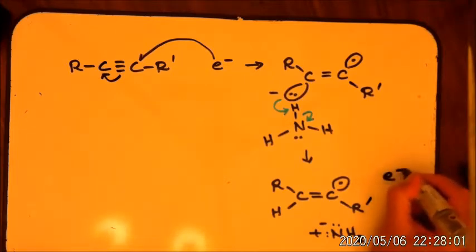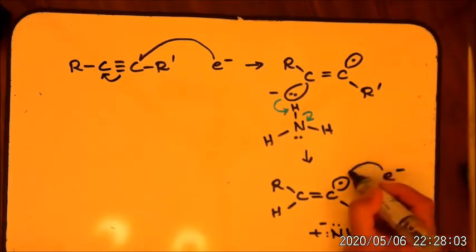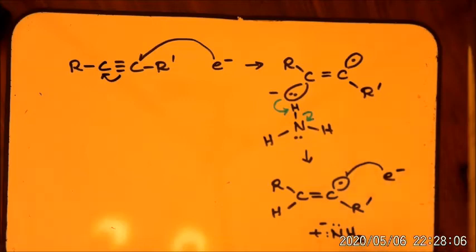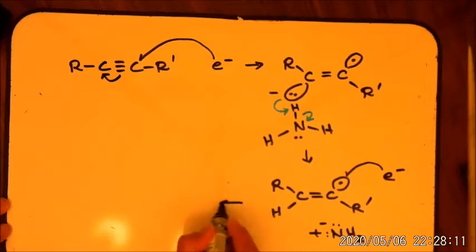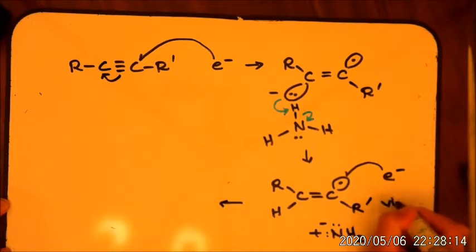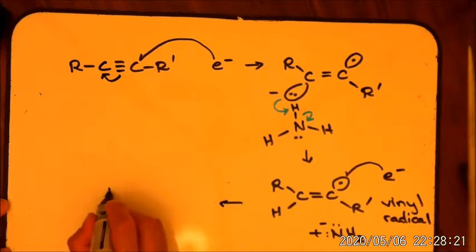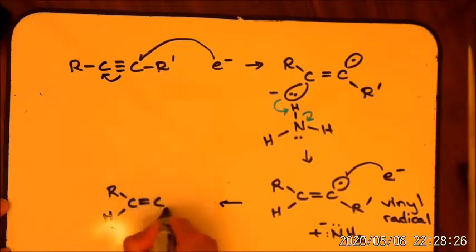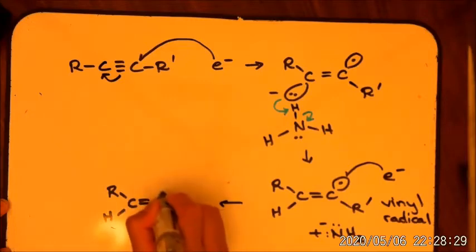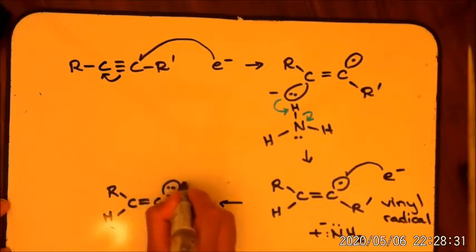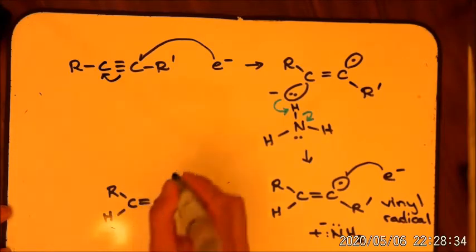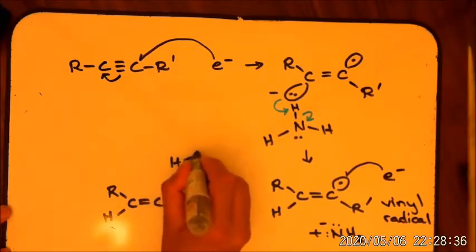I get an electron, and that goes up my orbital here. This is a vinyl radical. Just so you know what this is called, vinyl radical. Now, once my electron goes in there, I now form another vinyl radical. And then I have ammonia.